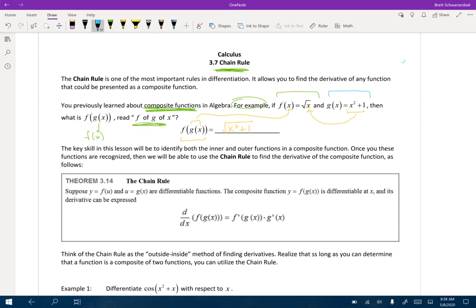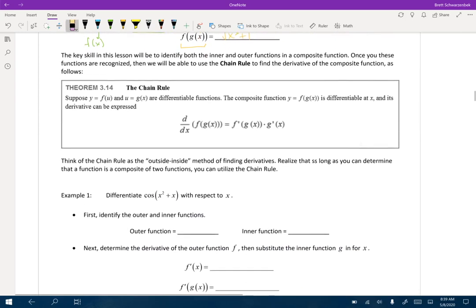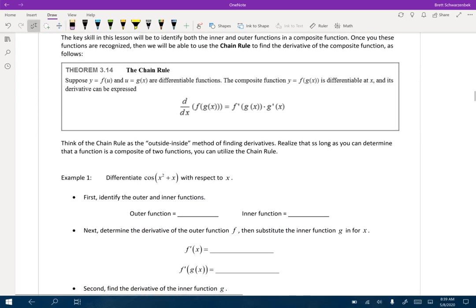It was something like e to the x, cosine of x. So note, all it is is an x here. There's nothing like e to the 2x plus 1, cosine of x squared minus 2. There's no functions within other functions. So now we are able to actually expand that and use a new rule called the chain rule in order to do so when finding derivatives.